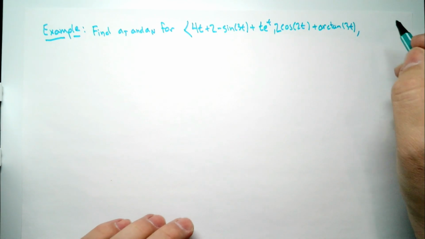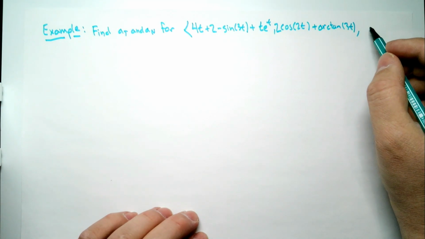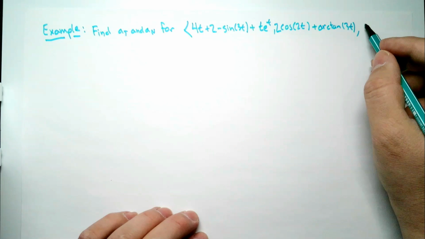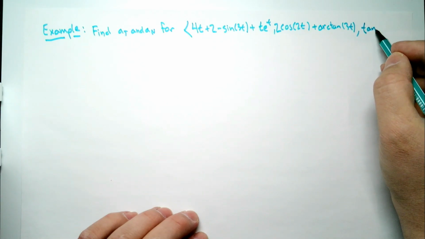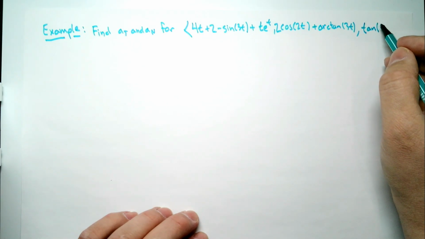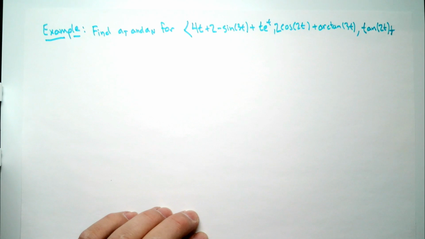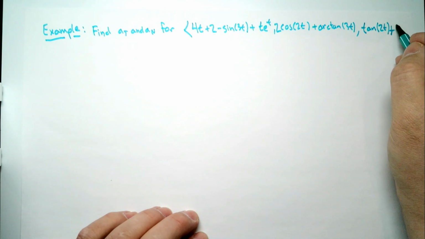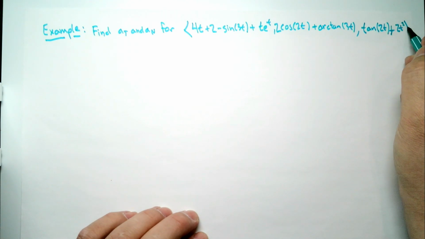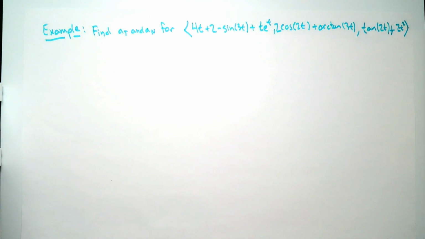All right, what do we need? What haven't we done yet? Well, let's see. We can do a tangent of 2t again, and plus, I have a little bit of space left, I'll say 2t squared. Good. There you go. So I want to find a sub t and a sub n for this.